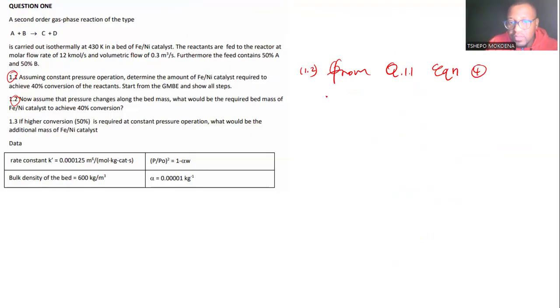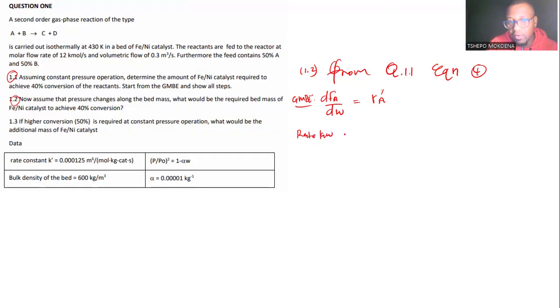What you're going to do is dFA over dW equals RA, with the prime over there. This is the general mole balance equation, GMBE. Then the rate law.